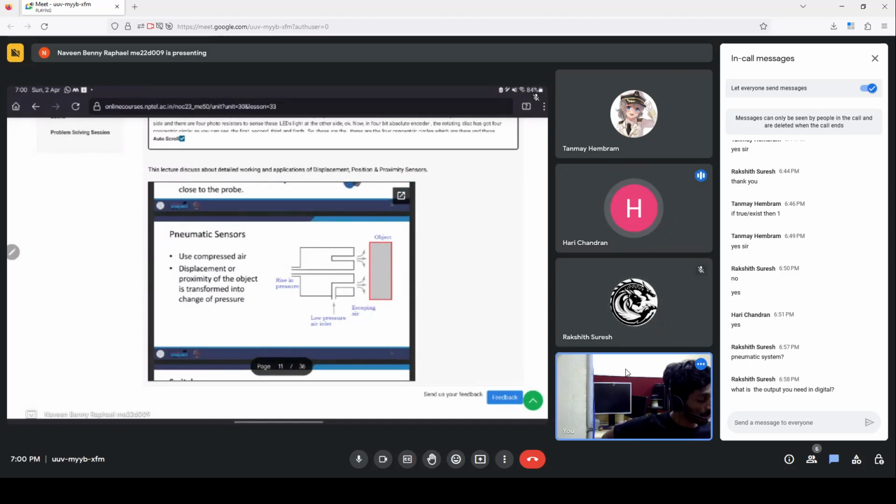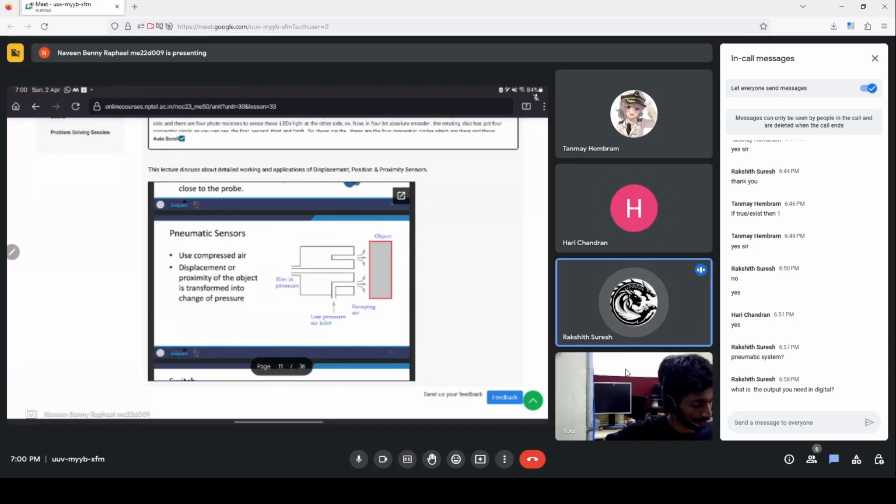This one only gives us a boolean output, if I remember correctly. This is a sensor to measure if an object is nearby. It's not the pressure, it doesn't tell us the pressure. It uses pressure to check if an object is nearby, so it acts like a proximity sensor.